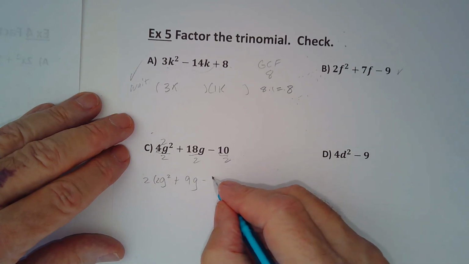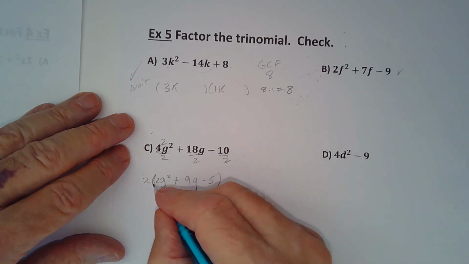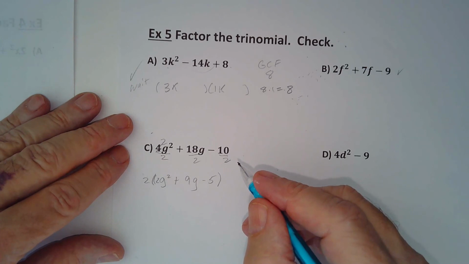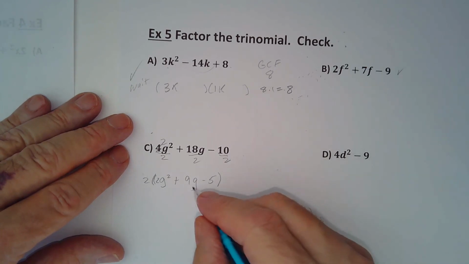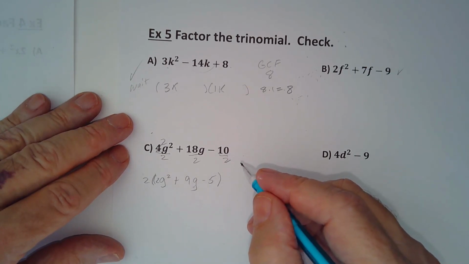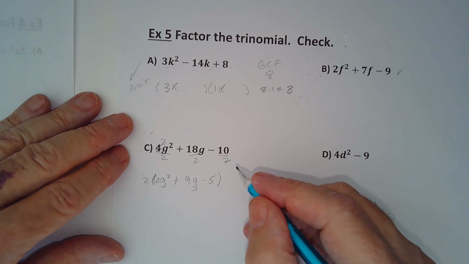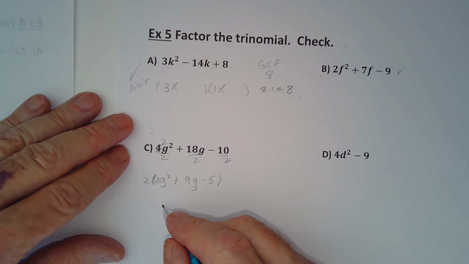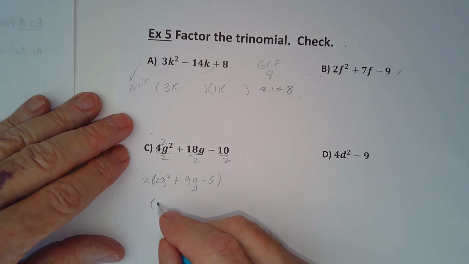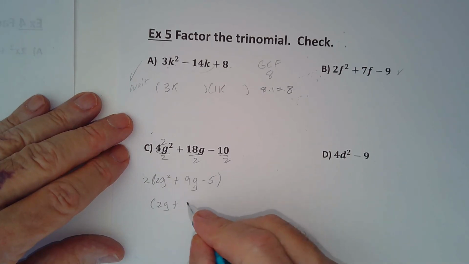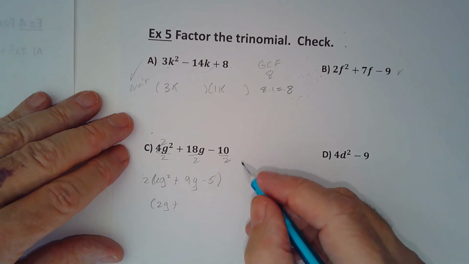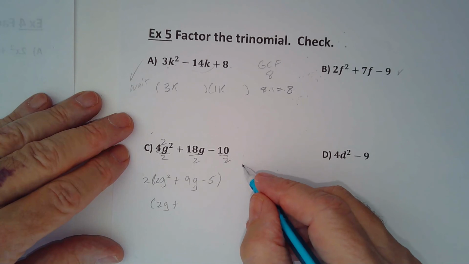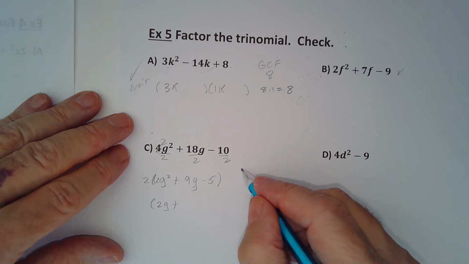So we've got a trinomial there, and we're going to need to come up with, again, the proper factors here. So we've got 2g plus, and let's see, we want a greatest common factor. Can we do greatest common factor?